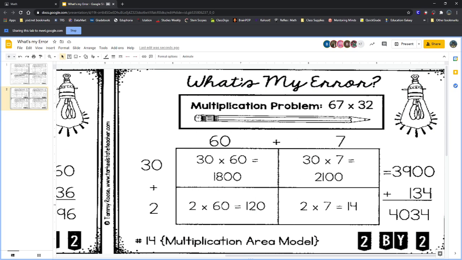Okay, let's check the next problem. 67 times 32. So anyone from group 3 or group 4 who can tell me what was the mistake on this problem? Or again, if you were in group 1 or 2 and you can see the mistake, let me know. What did they do here that was wrong? Violet, are you raising your hand or are you stretching? Oh, okay. Kaylee, you see this one again? What's the mistake?